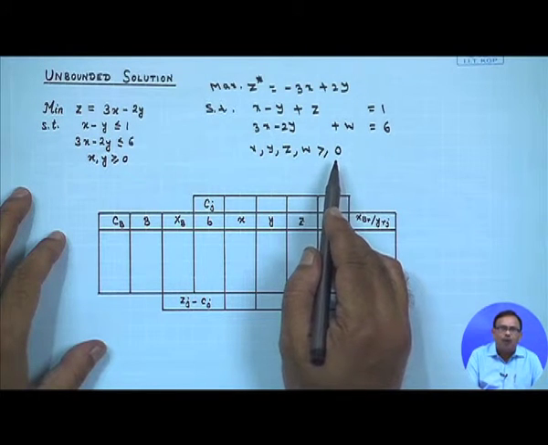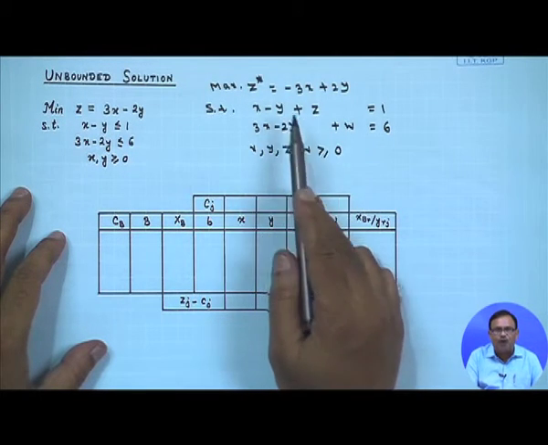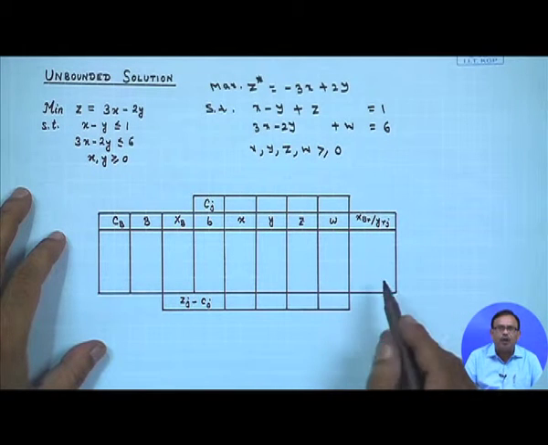So in the standard form, since it was a minimization problem, I am converting it into a maximization problem: max z star subject to these two equations, where inequalities are replaced by equalities by adding the slack variables. Now, let us apply the simplex algorithm to check what is happening.